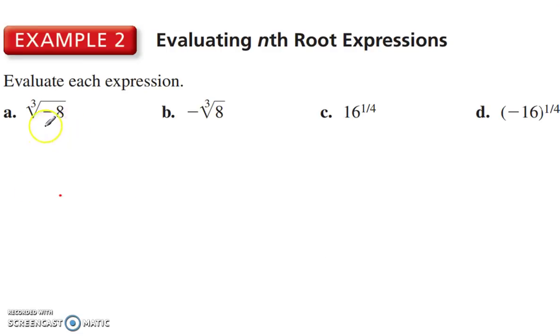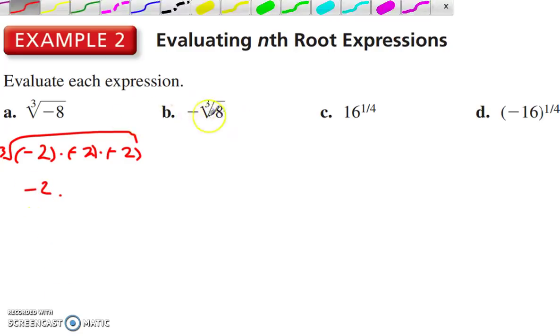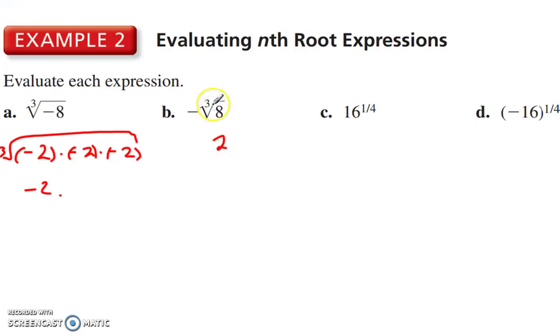All right, evaluate each of these. Cube root of -8. Well, that's -2 times -2 times -2. So the cube root of that is -2. We just found the cube root of 8 is 2 times 2 times 2, so the cube root of 8 is 2, this part, and there's a negative out in front.